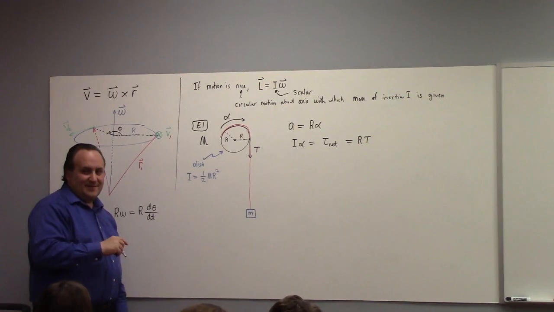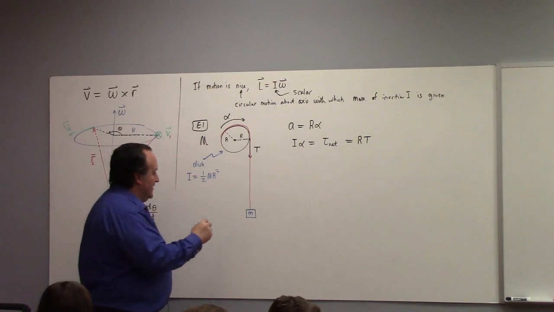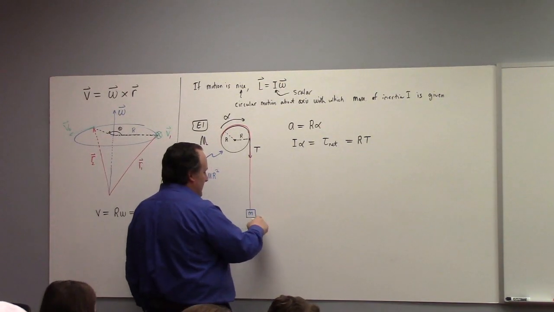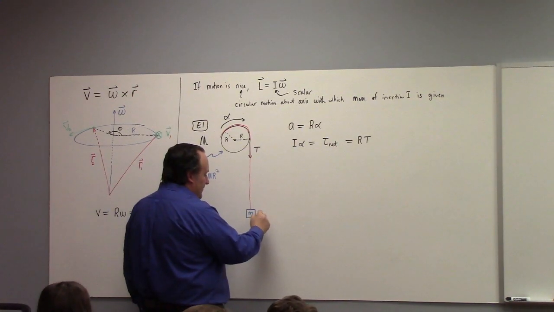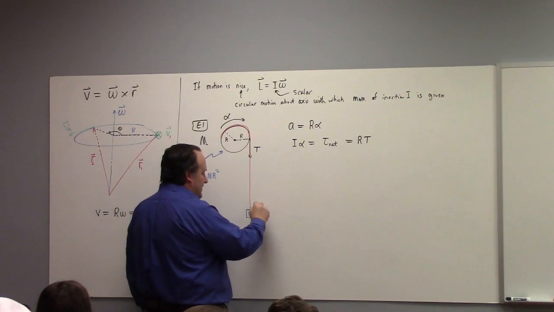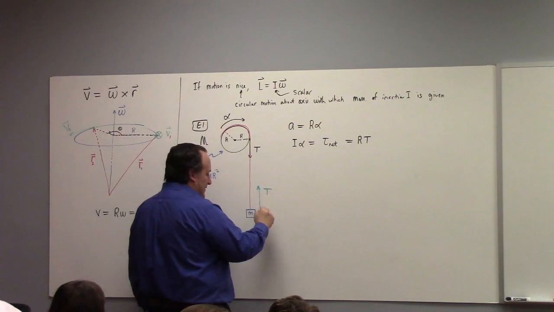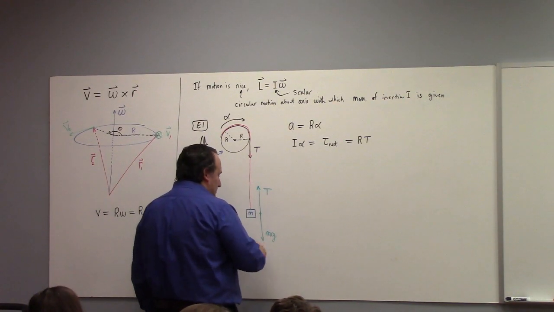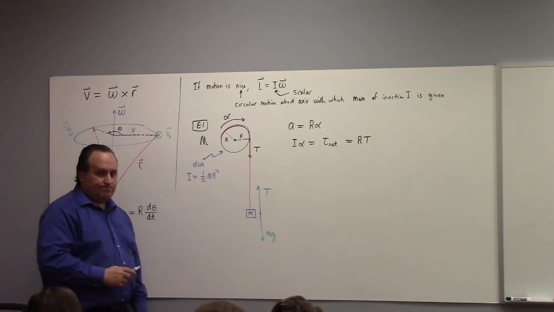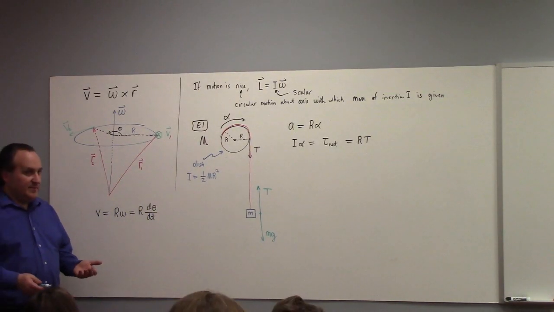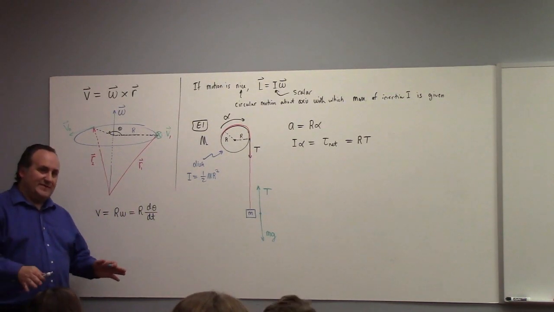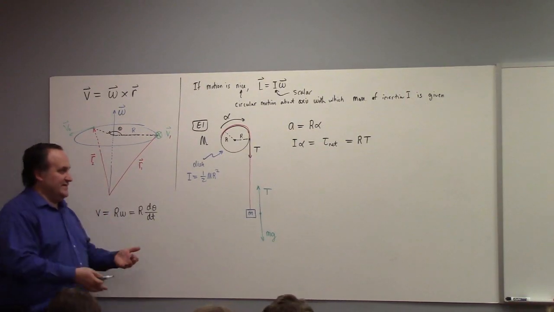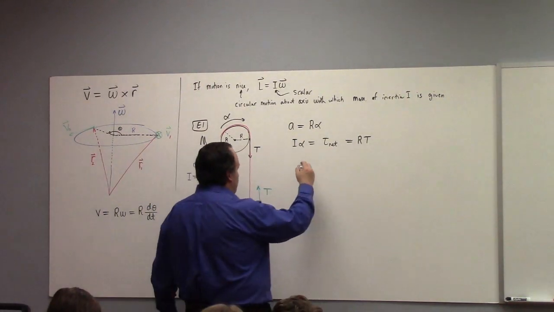So the thing is, we have to think about the free body diagram down here. We've got the tension going up. We've got mg going down. And yes, they would be equal if this was in equilibrium. Is this in equilibrium? No, it's accelerating. We must face Newton's second law.